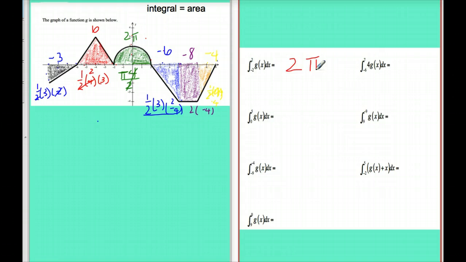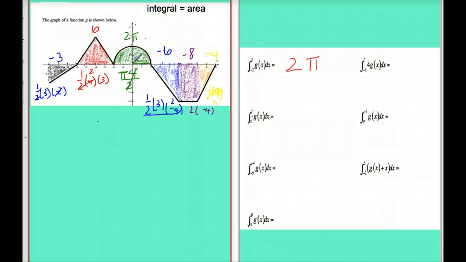Okay. The next problem says, what's the area from 0 to 5? Well, I notice 0 to 5 is half of the semicircle up until this blue triangle right here. Well, we know that the semicircle is 2 pi, but I only need half of it since I go from here to here.